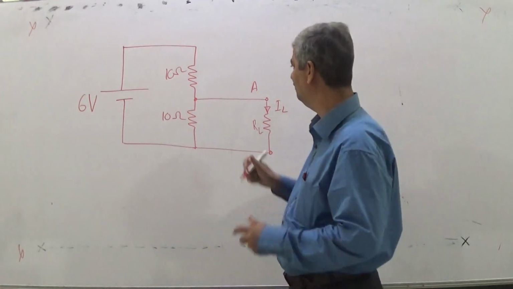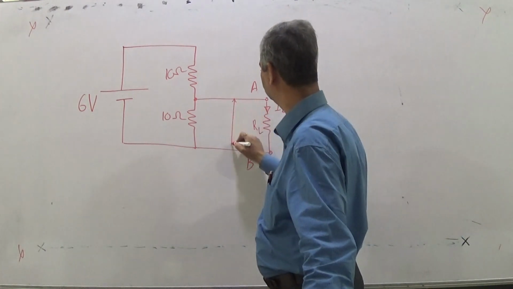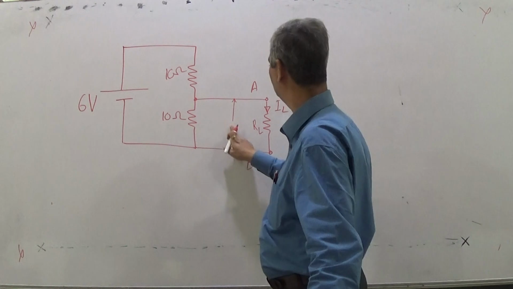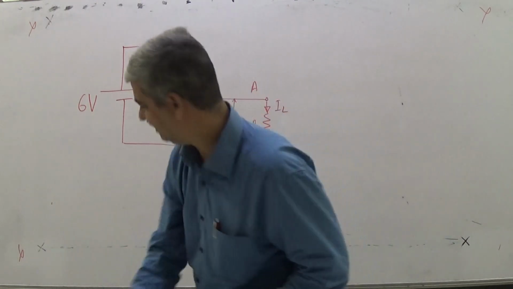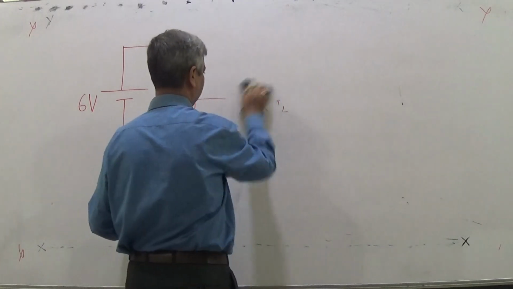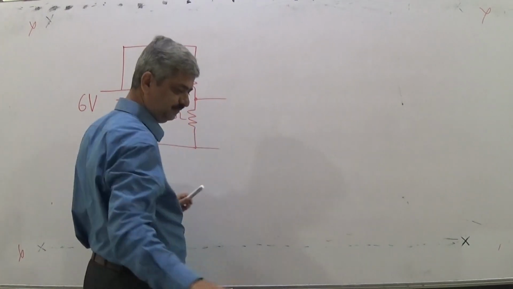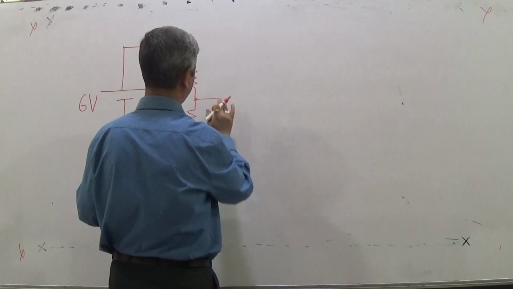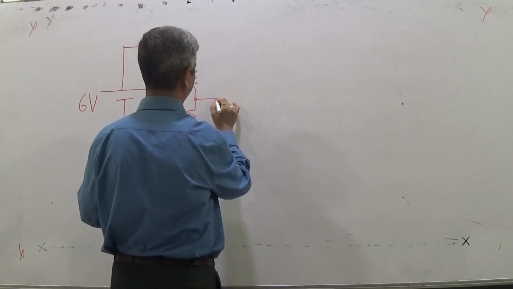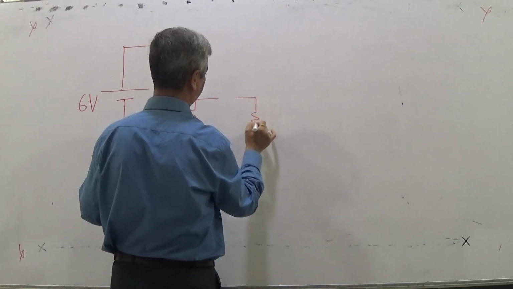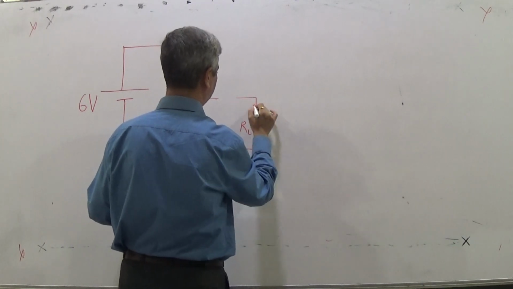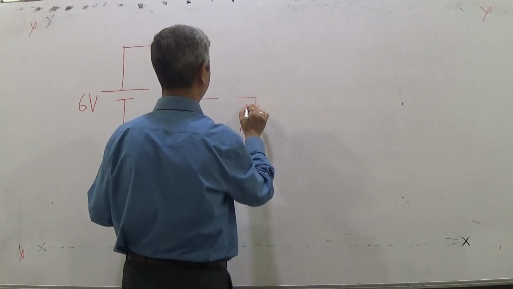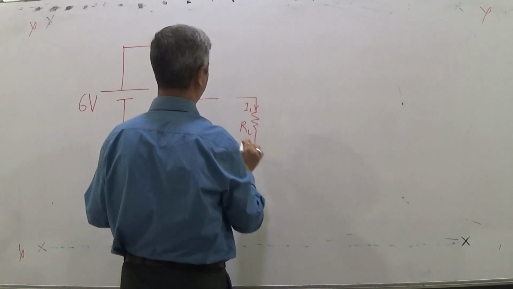And what would be voltage here? So I just rewrite it again. This is RL and this is IL.